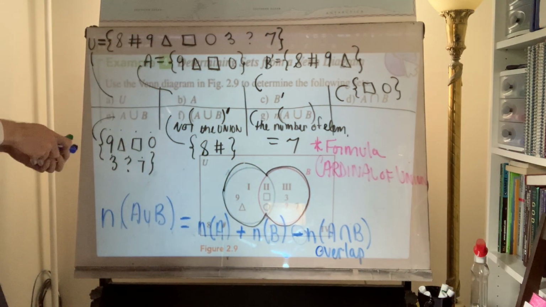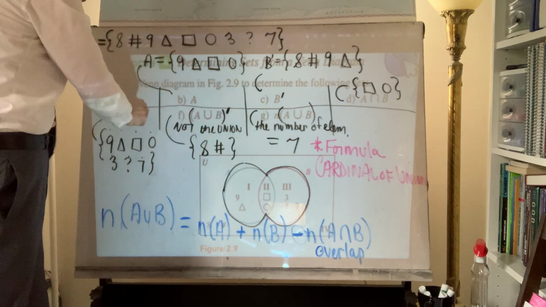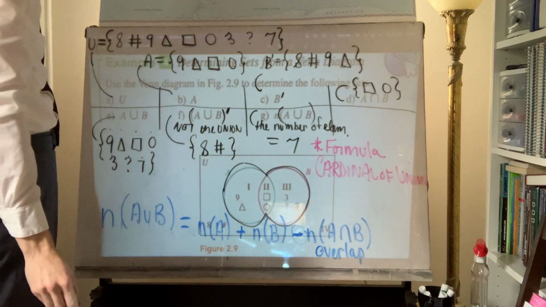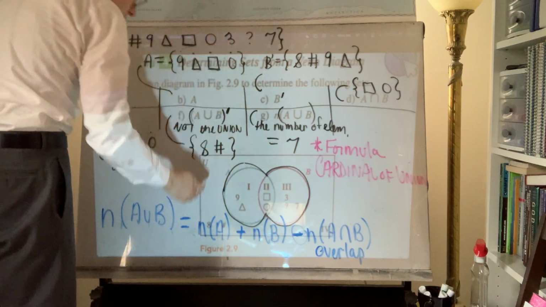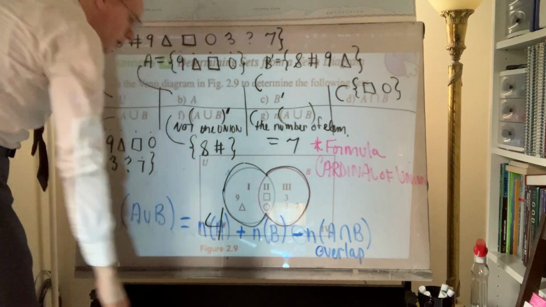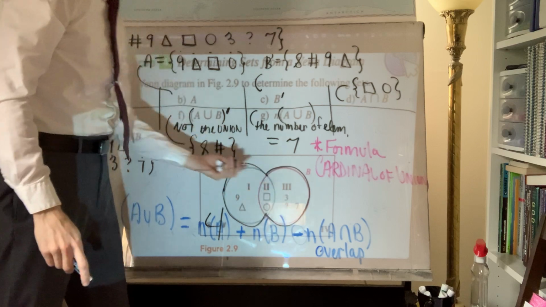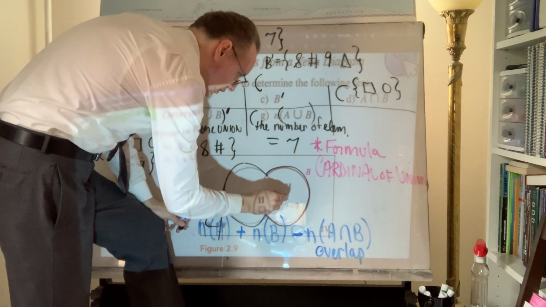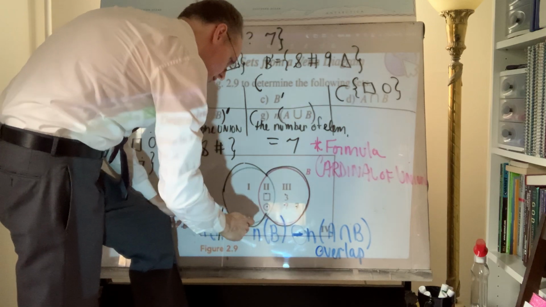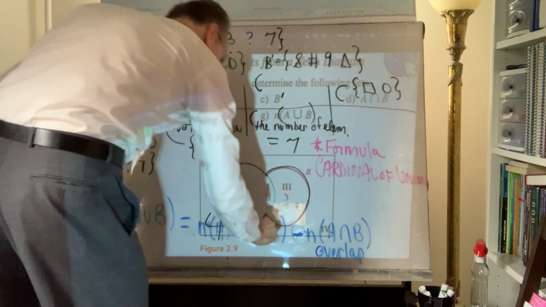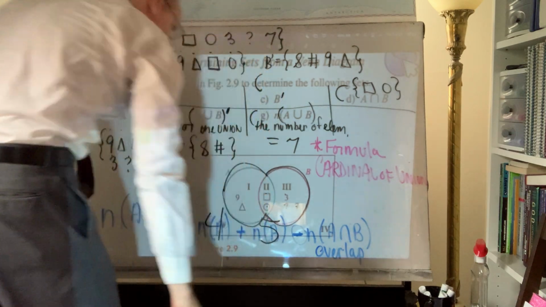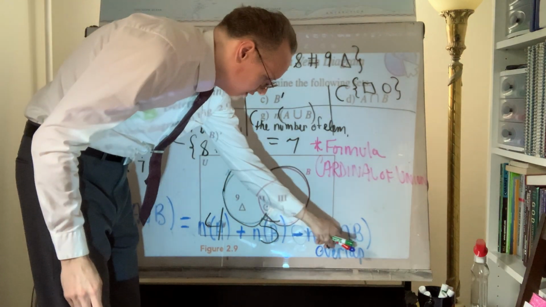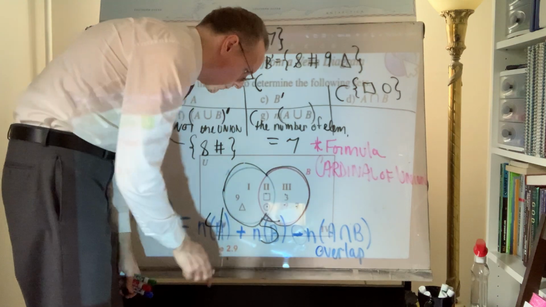Now here's proof that this would work and produce the same figure that I just got from counting by brute force. What are the number of elements in A? 1, 2, 3, 4. All right. What are the number of elements in B? This is one question we didn't answer, but it would be 1, 2, 3, 4, 5. So I would superimpose a 5 there. What are the number of elements in their intersection, which again is just the overlap? 1, 2.